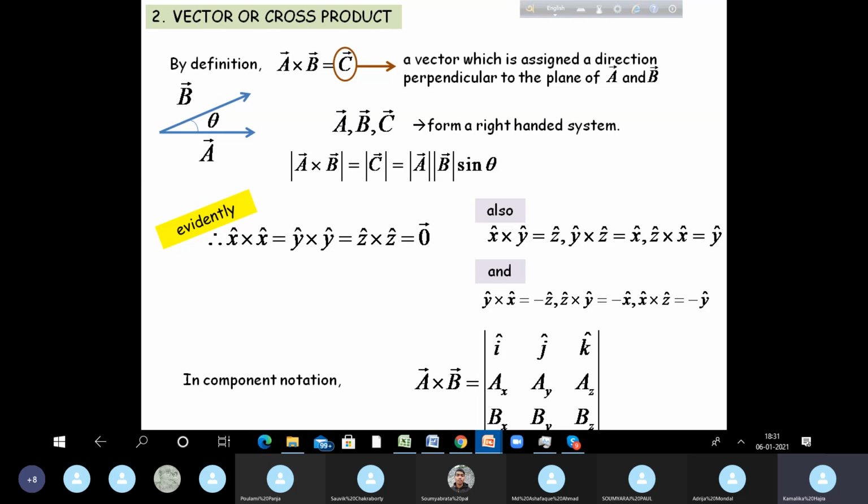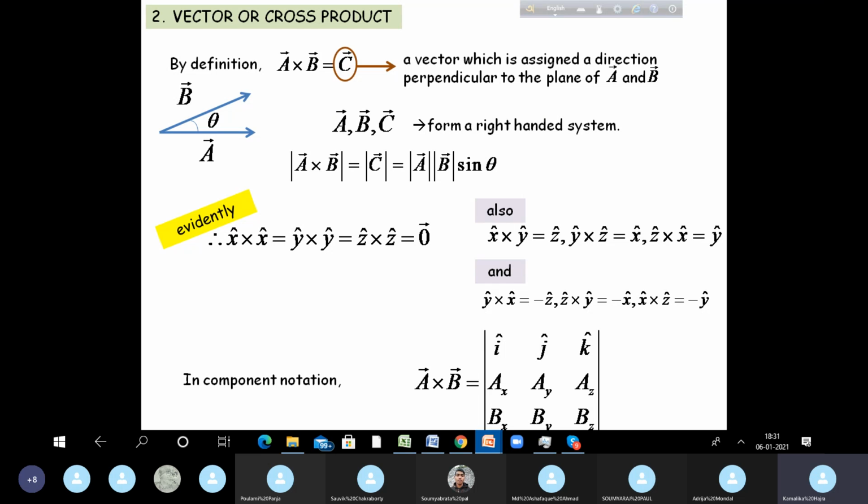In component notation, A cross B is written like this. So in the component notation, if you are given the vectors A and B in component form, then this is how you obtain the cross product. You take a determinant. First row will be the unit vectors i, j and k.